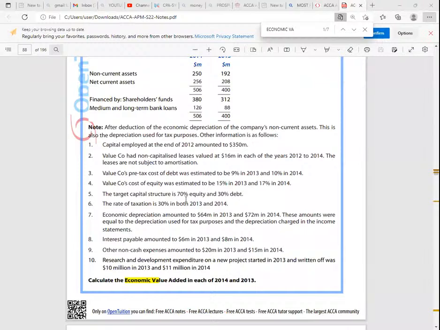Any other thing that you think is very, very important that we need really to come and factor in here? Thank you very much. The non-capitalized leases.